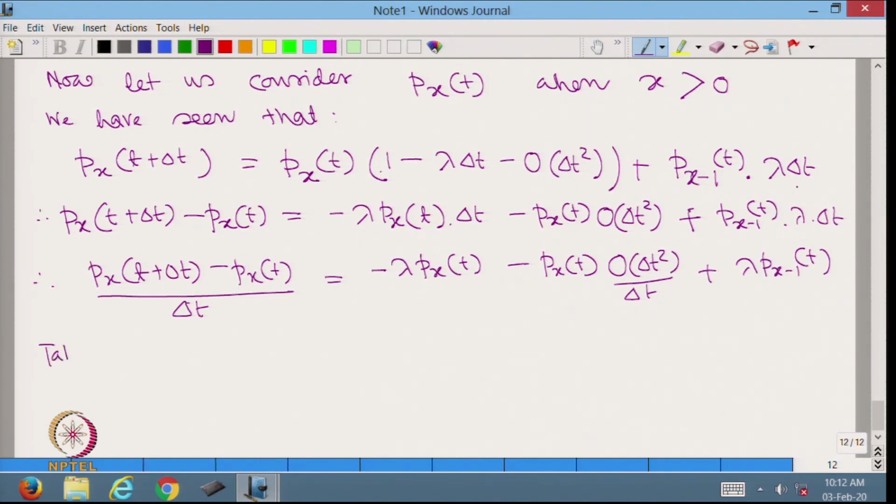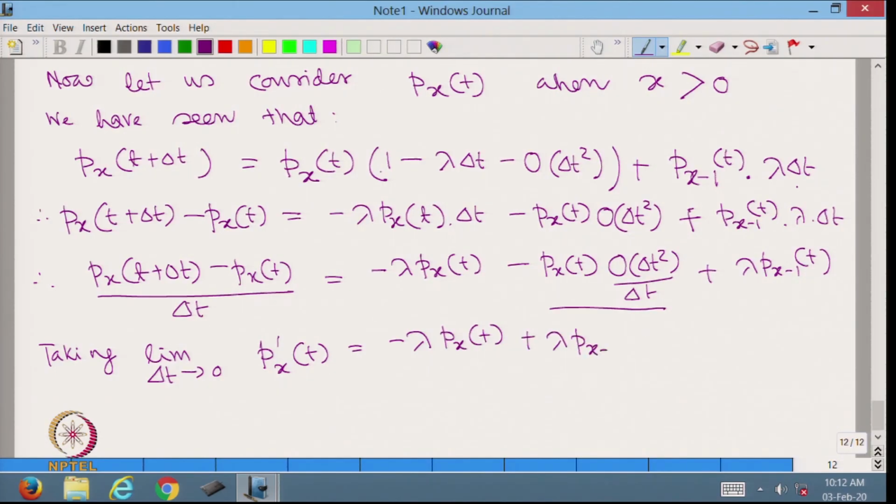Taking the limit as delta t goes to 0, we have Px prime t is equal to minus lambda Px t, this term goes to 0, plus lambda Px minus 1 t.